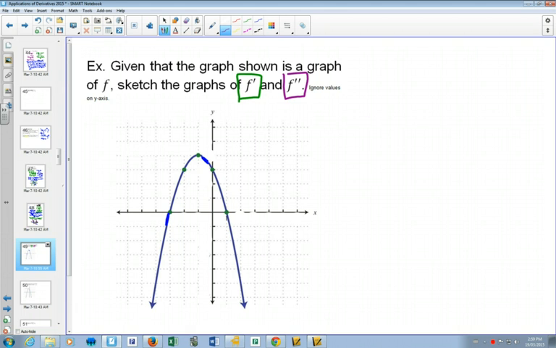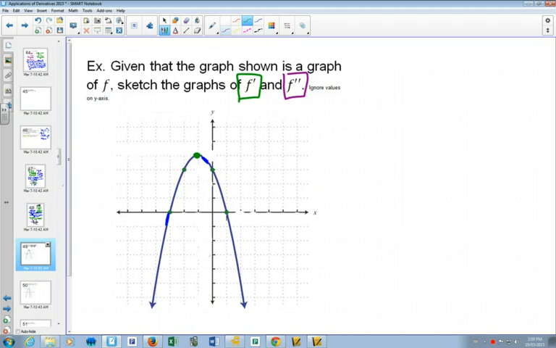But going to our green graph first, if we were going to graph the derivative, there's some things that we would know about the derivative. If we were working through this process, the first thing we would find out is at this point right here, our tangent would be flat.